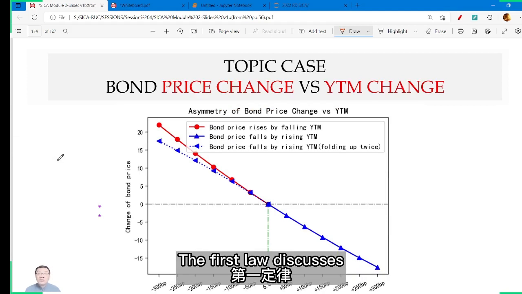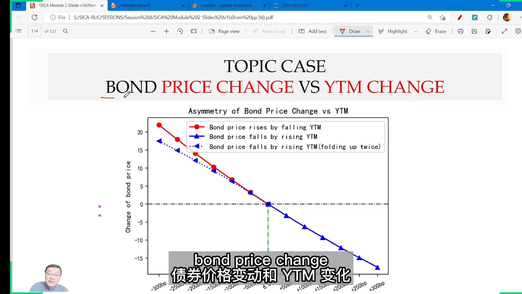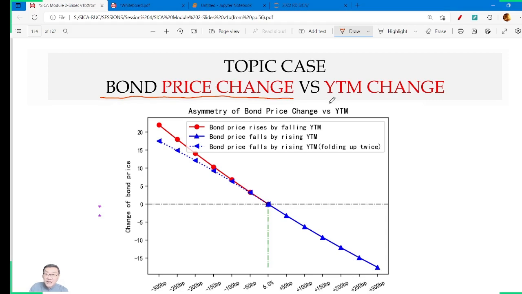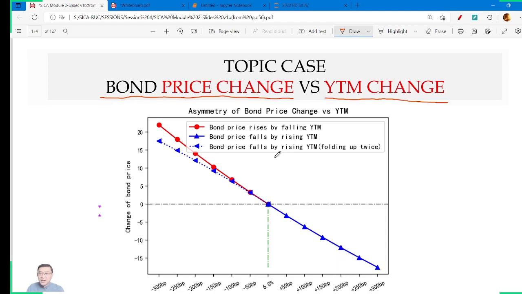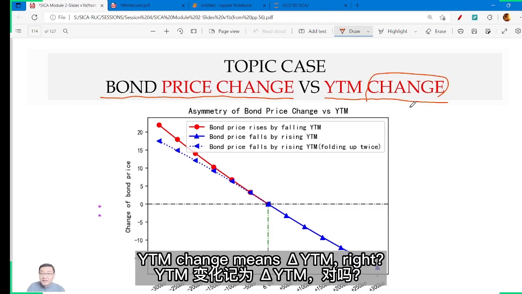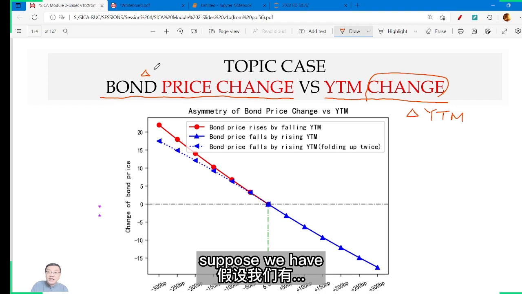The fourth law discusses the relationship between bond price change as well as YTM change. And YTM change means delta YTM, and bond price change means delta P.